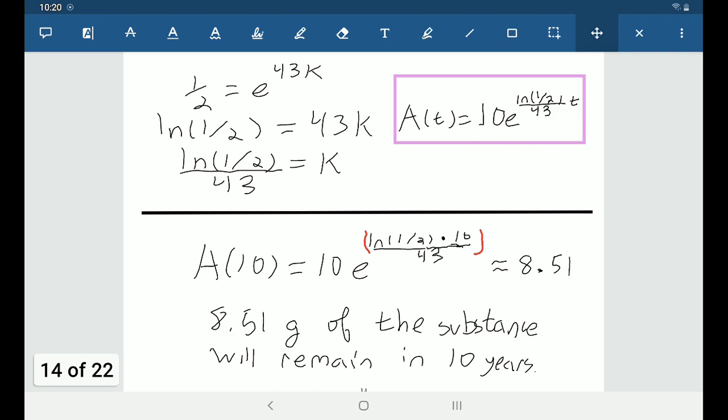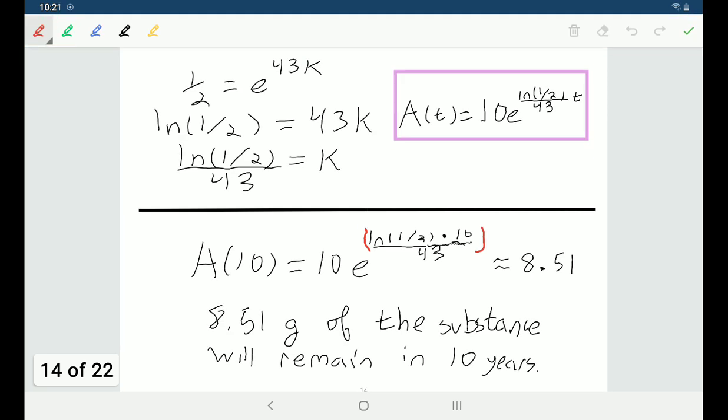Just taking the usual steps, getting the exponential function isolated, then rewriting it as a logarithmic equation, then solving for k. And so once I've done all that, I've now rewritten my formula for the amount of this substance at time t, putting in the value for k that I have. I'm not turning k into a decimal, I'm just leaving it as is, because I want to get the exact value when I come up with my answers for the next two problems.